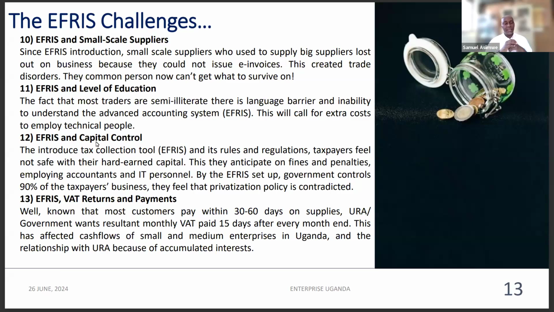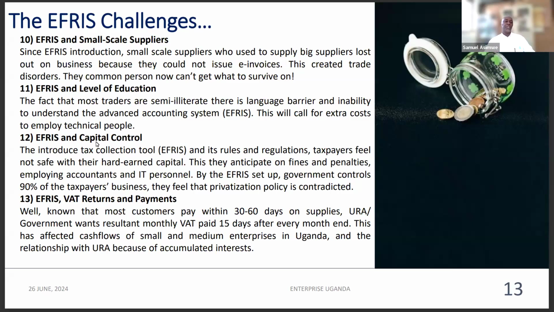So the small suppliers to the supermarkets were all blocked out, because the supermarkets were put under tension that whatever you purchase must be on EFRIS, must be on the system.